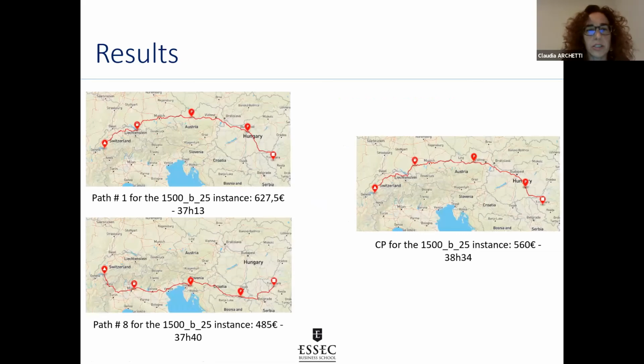And this is the representation of the fastest path from our algorithm, which lasts 37 hours and 30 minutes. Instead, at the bottom, you have the cheapest path, which lasts, let's say, 30 minutes more than the fastest one, but it's much, much cheaper. And finally, on the right, you have the path from the current practice.